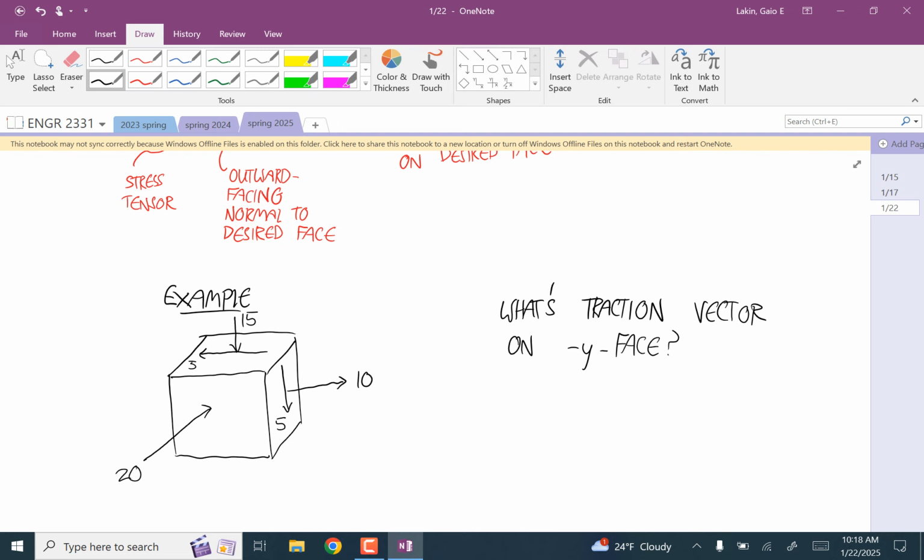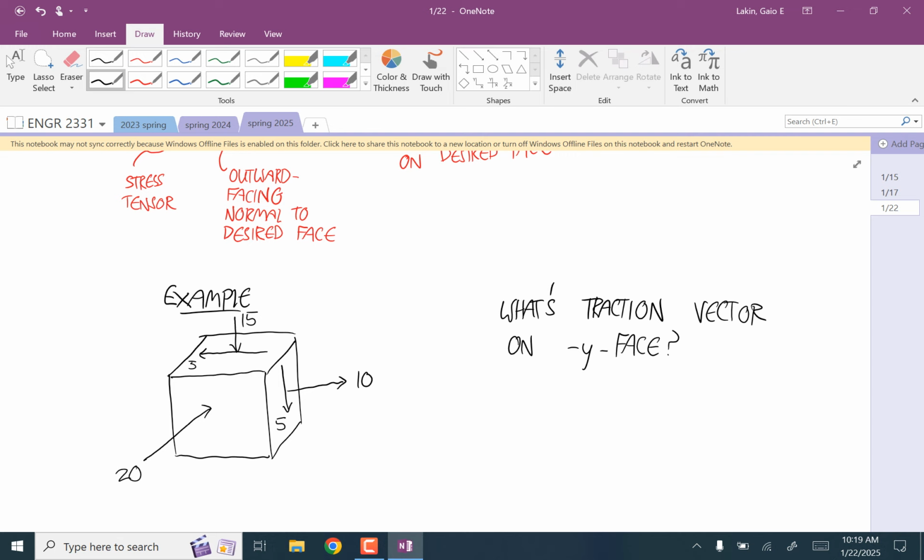Okay. Well, let's think it through first, and then we'll do the calculation and see that they match, okay? On the positive y face, the traction vector is 5 in the negative x direction, 15 in the negative y direction, and 0 in the z direction. So on the positive y face, this vector is -5, -15, 0.